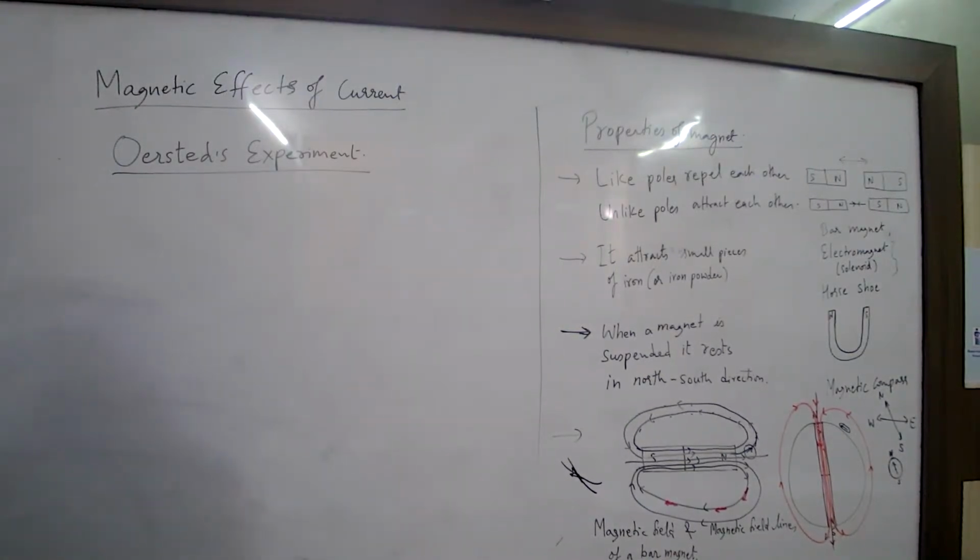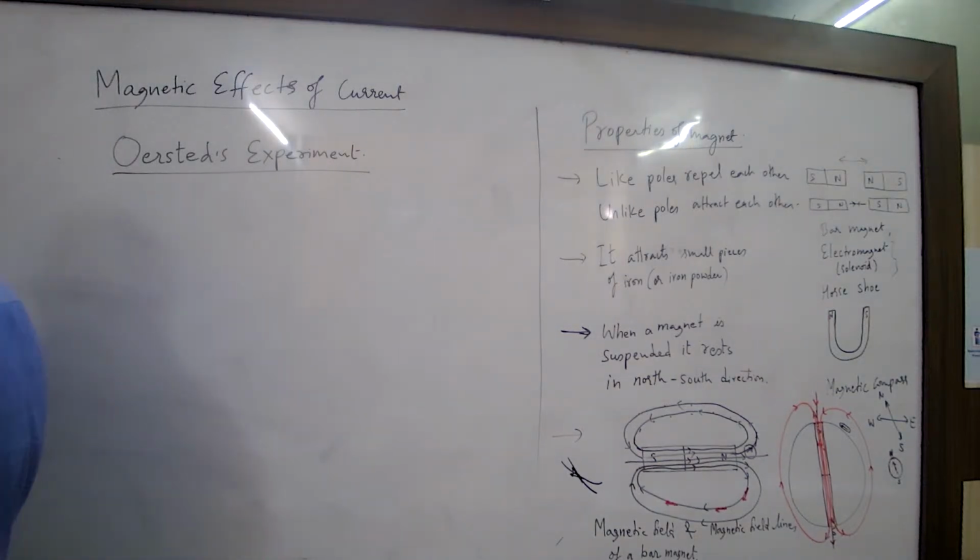Okay. So now let us do Oersted's experiment. You got a fair idea now how the magnetic field lines look. This is a completely experimental chapter. No numericals, but lots of laws. You have to apply the laws to get the direction of the field line. Now, what was Oersted's experiment?